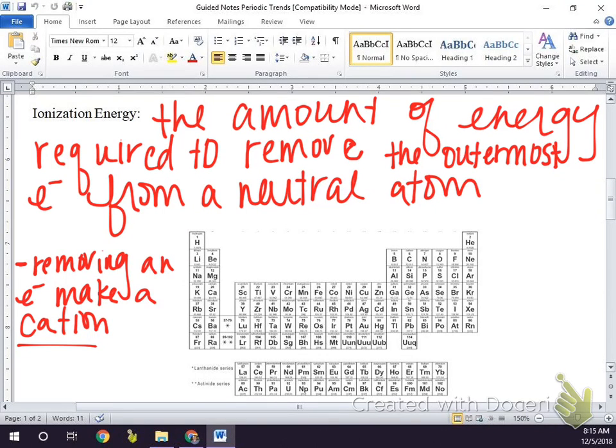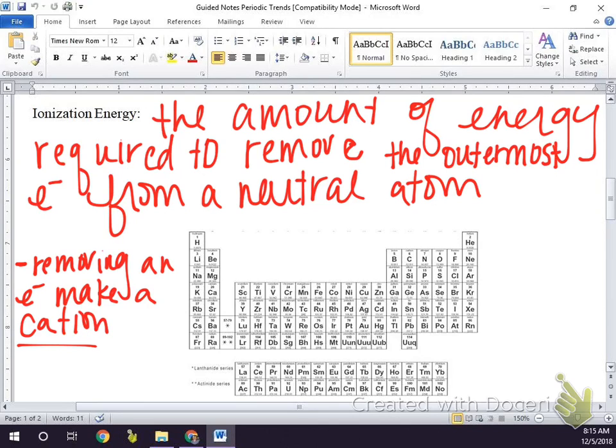Removing an electron forms a positively charged ion, which we call a cation. Does that concept make sense to everyone? We take an electron away from a neutral atom. That means we have fewer electrons than protons, which gives us this positively charged atom. Agreed? The reason I tell you that is because it's going to help us look at our trends a little bit more clearly.